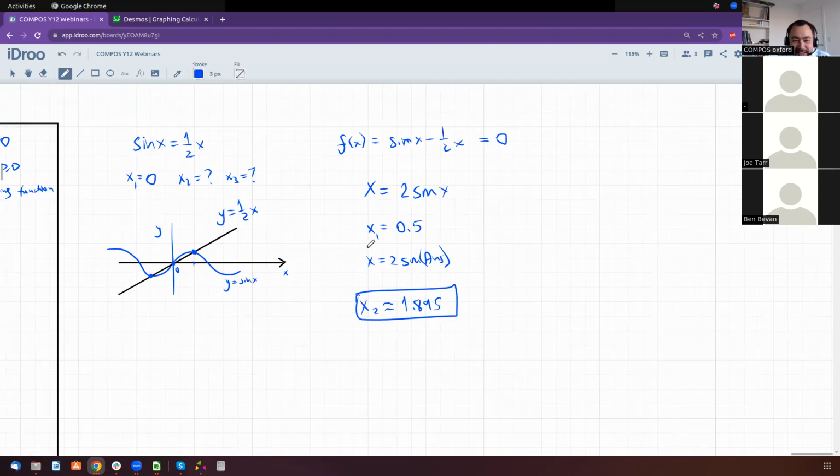So what you do is you say, I want to find the solution to this. I write down, I find x. Then I say, I know that x is somewhere around 0.5. That's my initial guess. So x0 is 0.5.